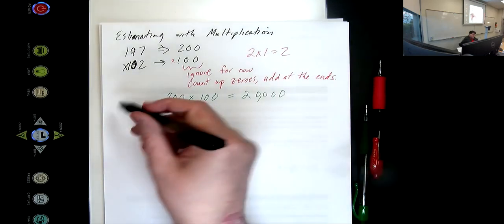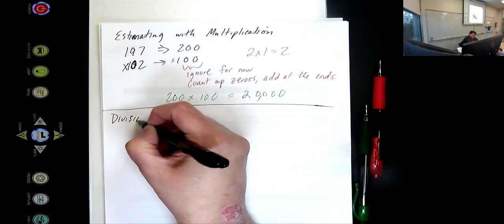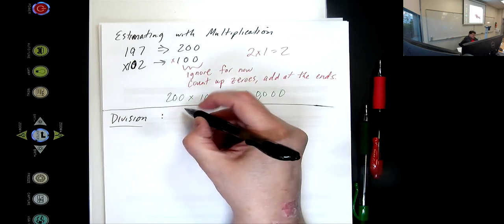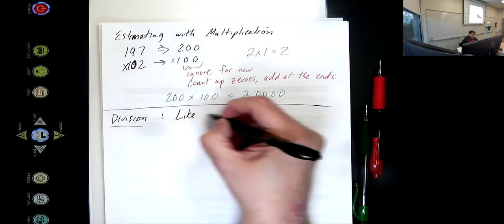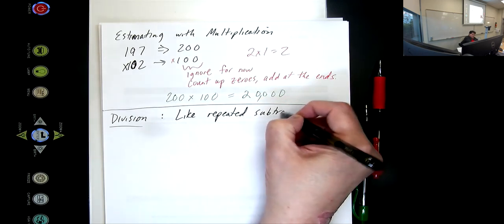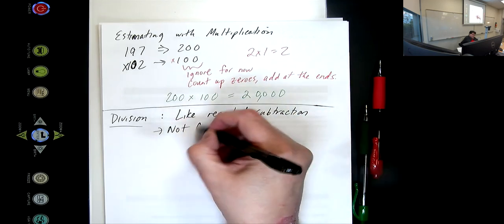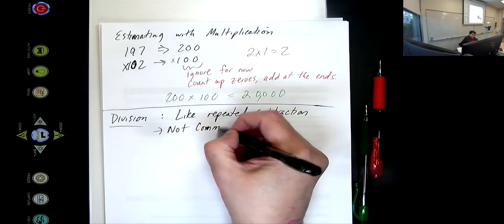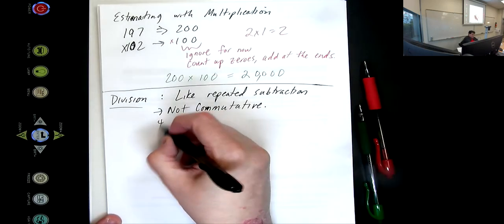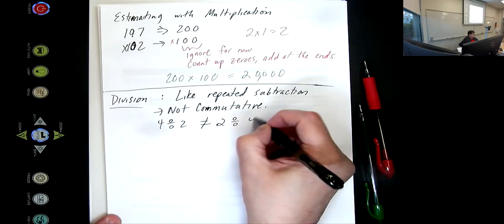Looking at division, special rules of division. Division is actually like repeated subtraction. So all the rules that apply to subtraction apply here, which means it's not commutative. You cannot change the order. 4 divided by 2 does not equal 2 divided by 4.